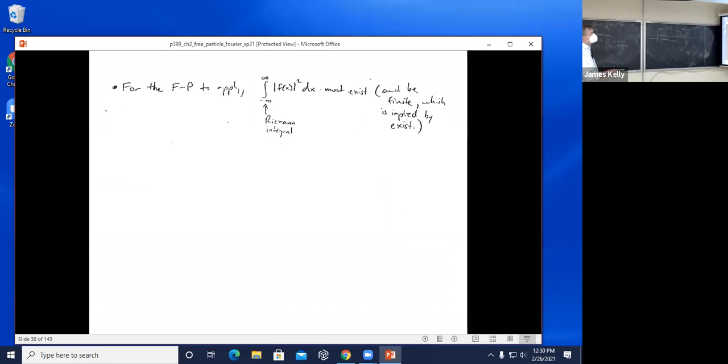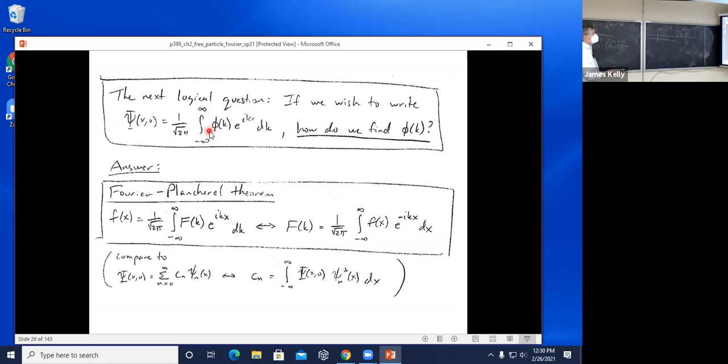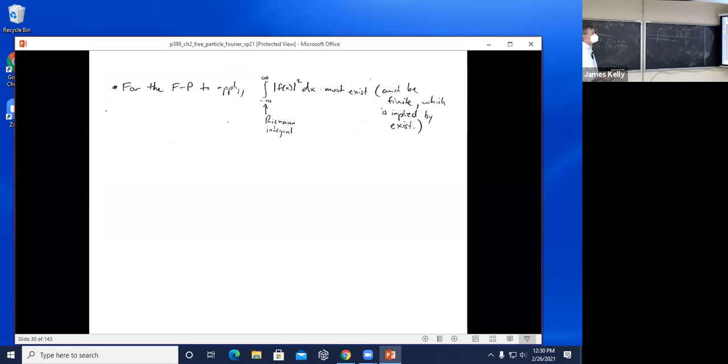In order for it to apply, there are some conditions that have to be met by that function f of x. In other words, you can't do this for any old function f of x. F of x has to satisfy the following property, or our psi of x0 has to satisfy this property. The integral of the magnitude squared of f of x dx has to exist. And when I say exist, that means it has to be finite.